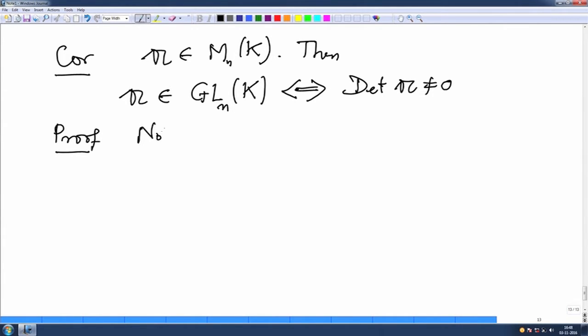Note that the definition of GL_n(K) means A is invertible.